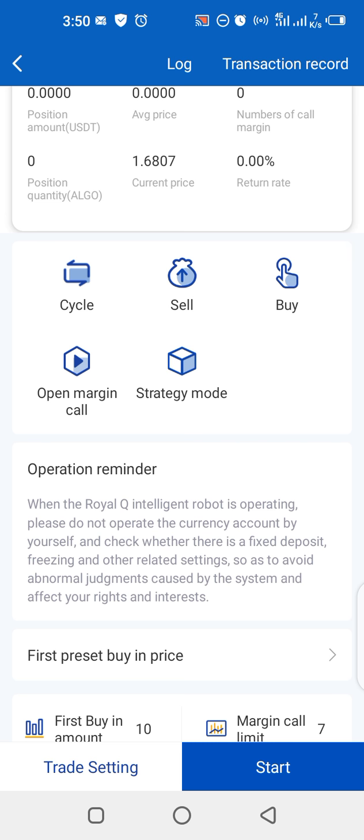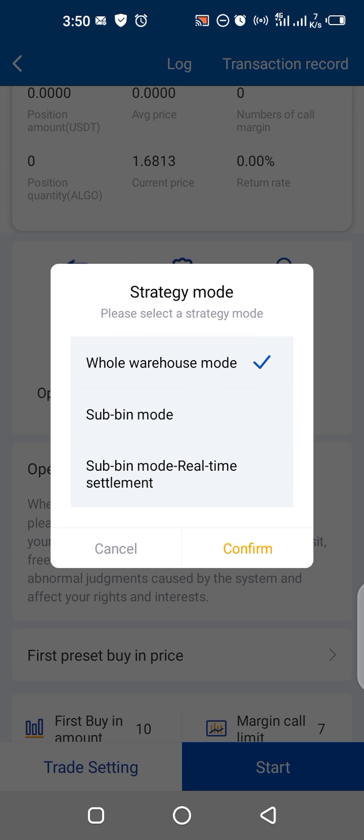Then we have the strategy mode. Now we have the whole position mode. In the whole position mode, I said from the first margin call to the fourth margin call, they will take off profit wholly at 1.3%. Now the sub-mid mode means the bot will sell, but it will not deposit the profit in your revenue.